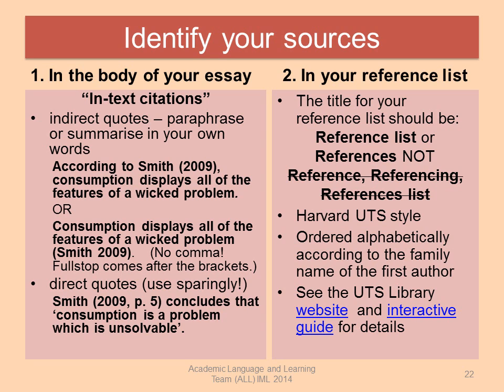And many people forget, but order alphabetically according to the family name of the first author. If you have problems knowing what a family name is, it's always better to cross-check with reference lists that are available in other readings. Some of the expert authors come up again and again.